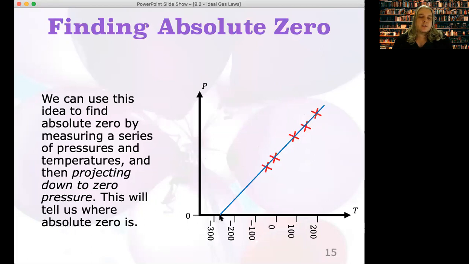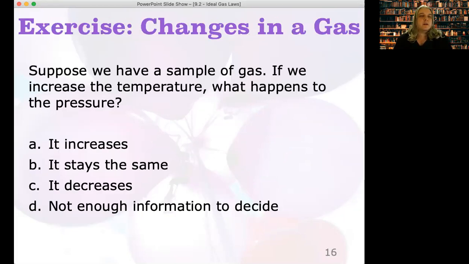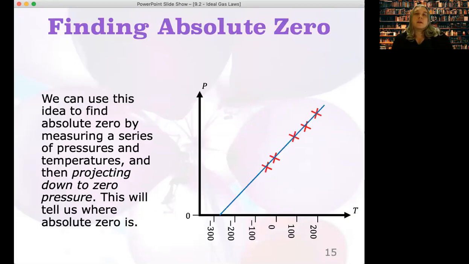At 0 pressure, that means we're at absolute zero. You can see that in this case, it's about negative 273. That's what it should be, and so I've drawn this to match, but in the real world, you'd take your data and you'd see where that comes out. Hopefully it would be around about there. But again, you could do that the other way. You could do it with the volume if you had the volume adjustable setup and change the temperature that way.